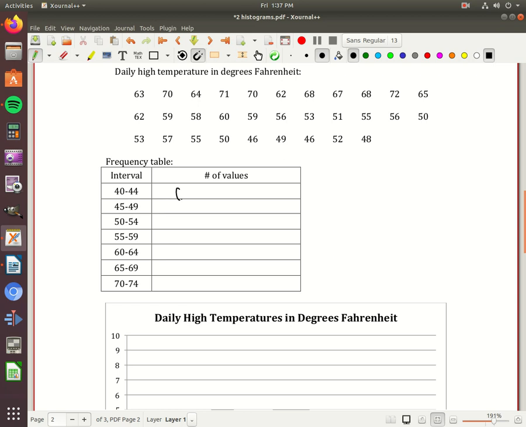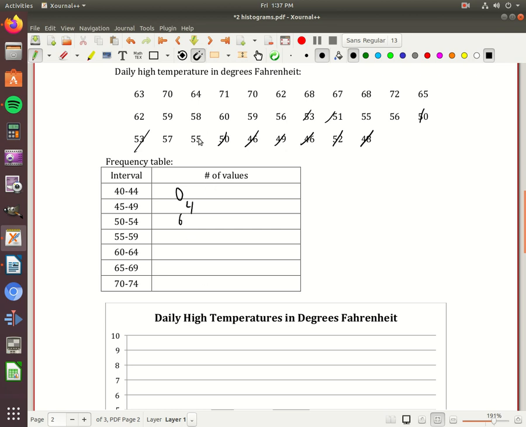So there was nothing between 40 and 44. However, from 45 to 49, I have 1, 2, 3, 4 pieces of data. Between 50 and 54, I have 1, 2, 3, 4, 5, 6 pieces of data.